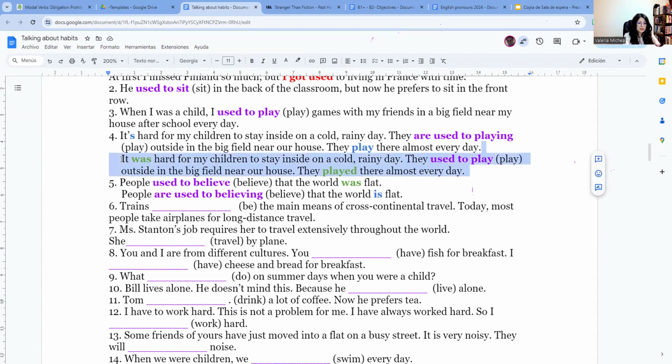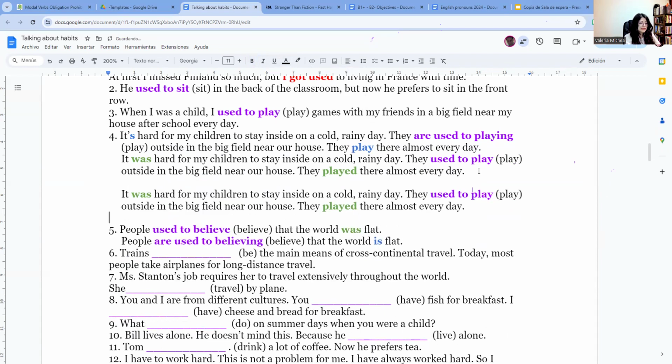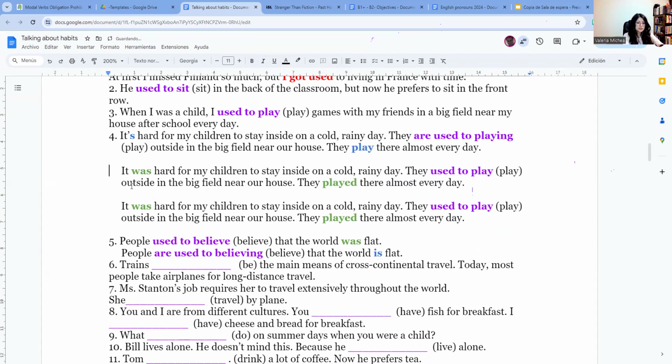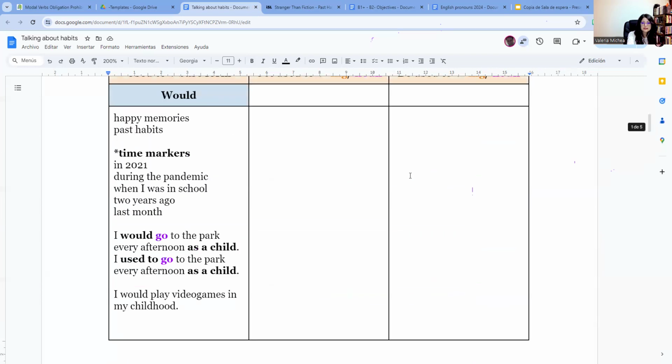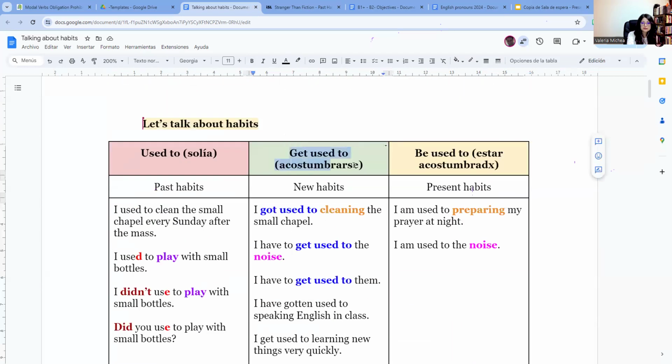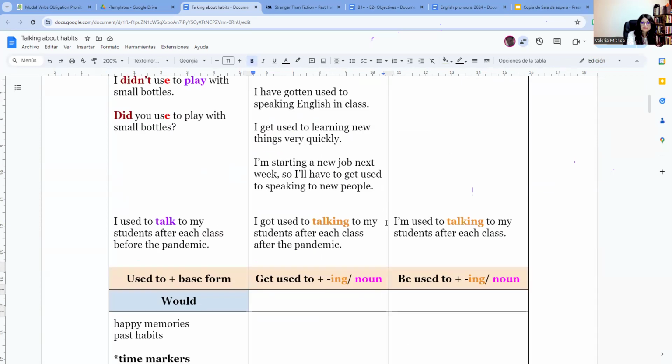Can anybody help me with creating that sentence? The same idea, but with got or get used to. Let me change it. What do we need to change in order to use this structure in the middle for a new habit?